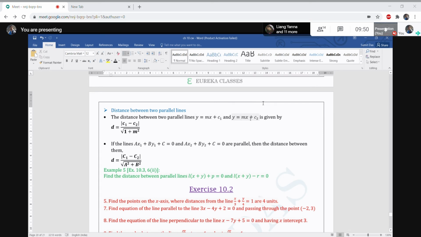If c1 and c2 are equal, what will happen? Let me know after the class, just think about this one.